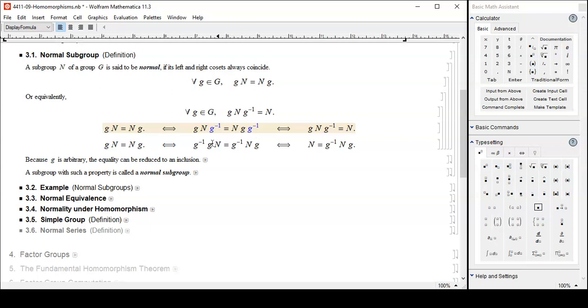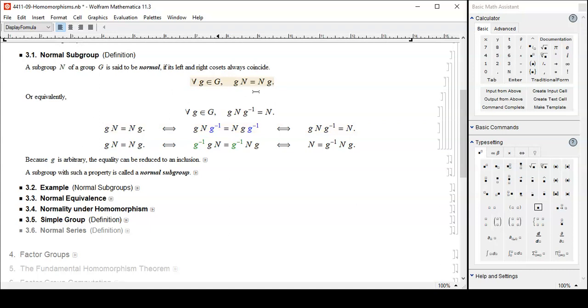If you don't want to do that, you can do it this way as well. Multiply g inverse, this time from the left. Consequently, g inverse g cancel each other out, become identity, and you get g inverse Ng is equal to N. So this g inverse Ng expression, or gNg inverse, those are all equivalent to gN and Ng.